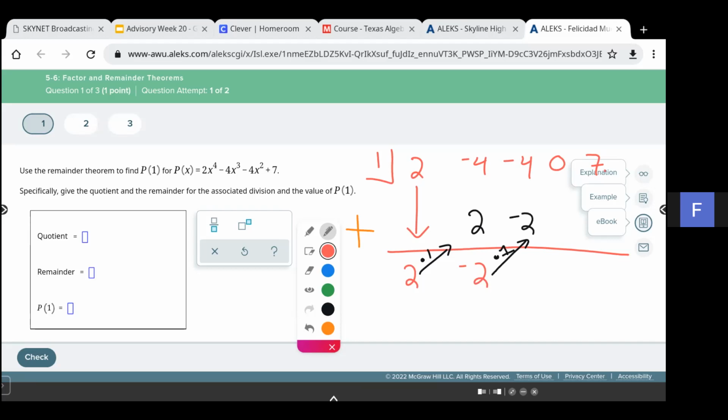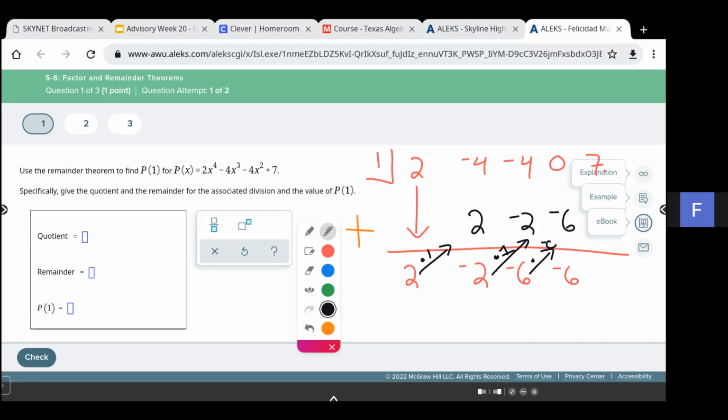I add them, -4 plus -2 is -6. I multiply that by 1, and I get -6. I add those and I get -6 yet again.